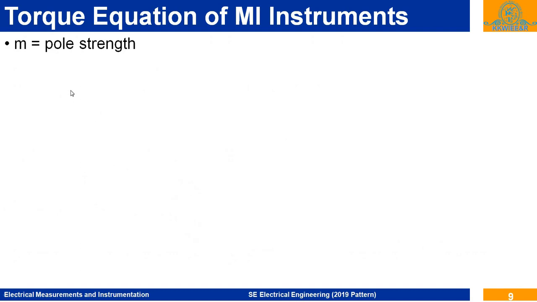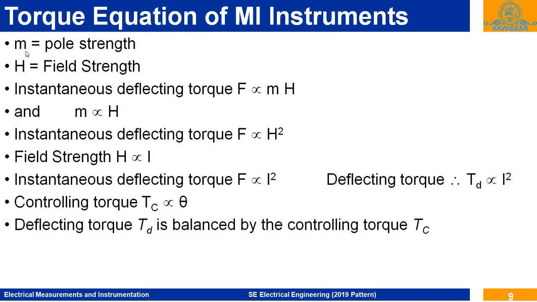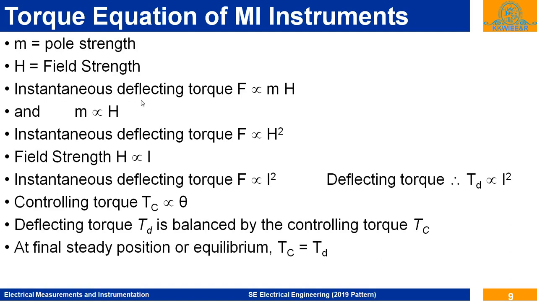Now in terms of pole strength and field strength, M is the pole strength and H is the field strength generated by the stationary coil. The instantaneous deflecting torque or force F is proportional to pole strength multiplied by field strength, MH.